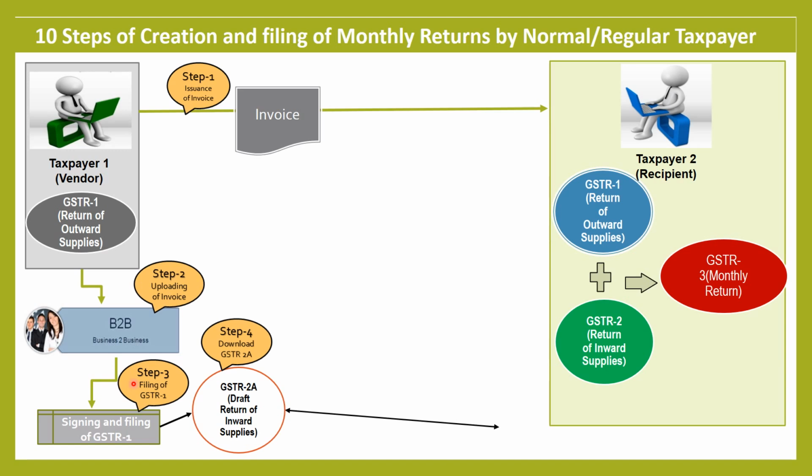Step 4 is that once these details are signed and filed by the vendor, these are downloadable and available to the taxpayer 2 for the purpose of reconciliation with the purchase register of taxpayer 2.